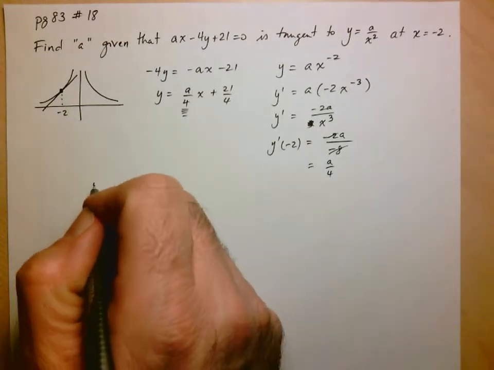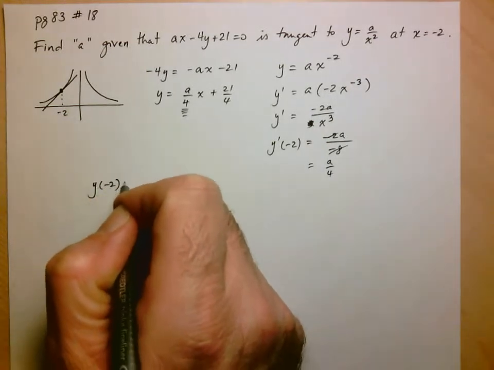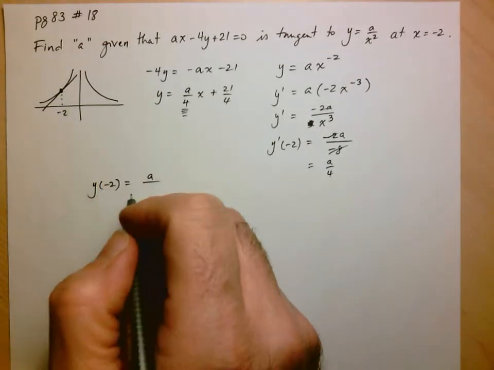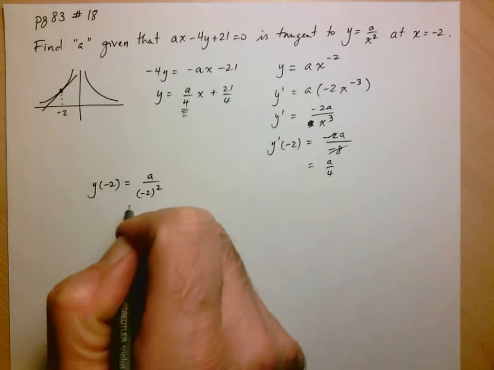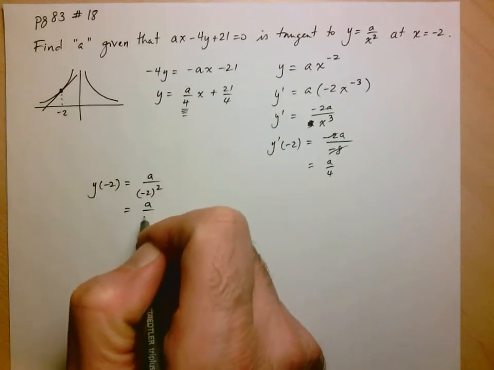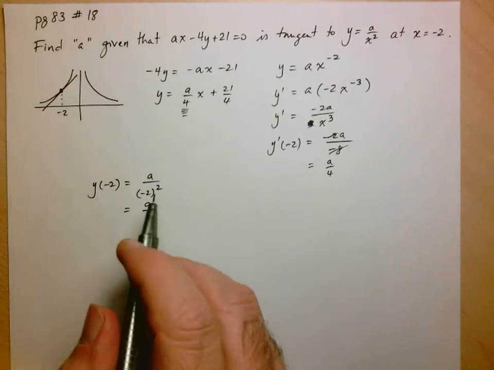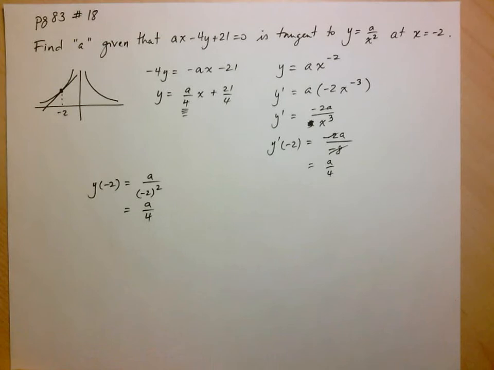So y at negative 2 is just equal to a over negative 2 squared, which is just a over 4. Surprisingly, exact same thing as we got before.